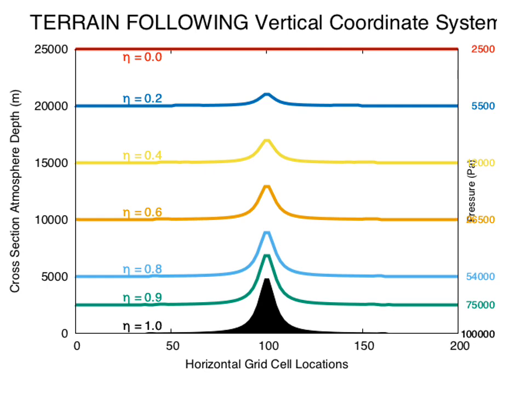The terrain following vertical coordinate, if we look at the eta levels where eta equals 0 is the model lid and eta equals 1 is the surface level, you can see the artificial impact of the coordinate surface even very high in the atmosphere. The solution, of course, is to have an isobaric field.